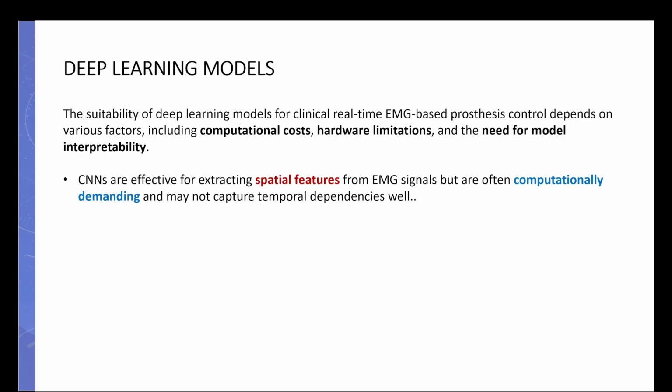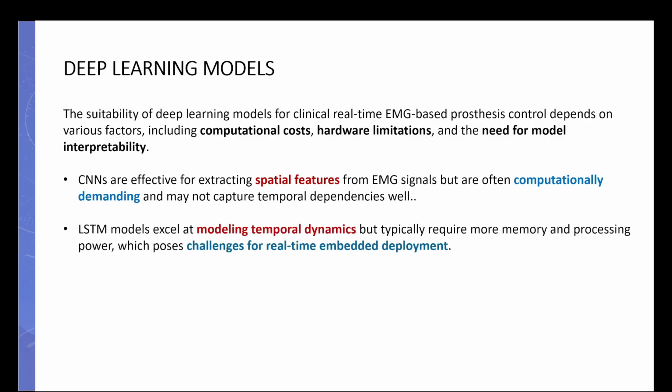It's not about what one specific muscle is doing, it's about what these muscles as a group are doing. CNN models are very good at extracting this aspect of the information, but they are computationally demanding, and they do not capture the temporal dependency.